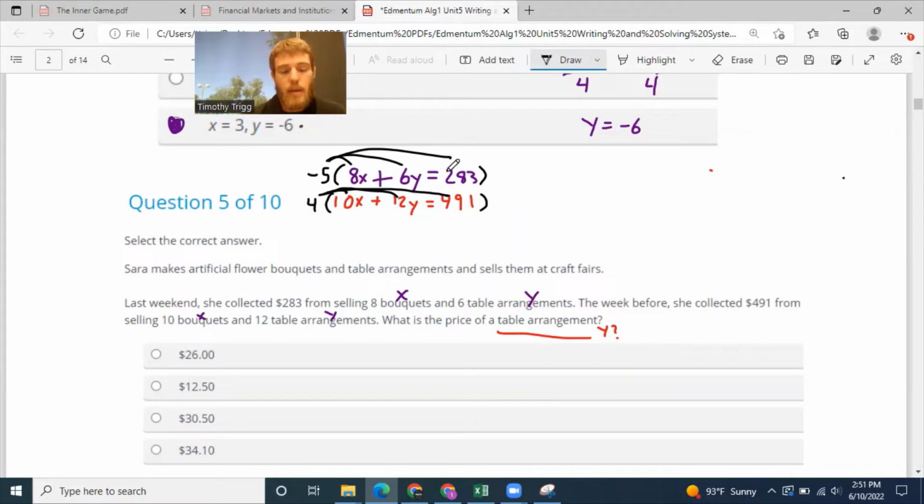So -5 times 8x is -40x. -5 times 6y is -30y. -5 times 283 is -1415.